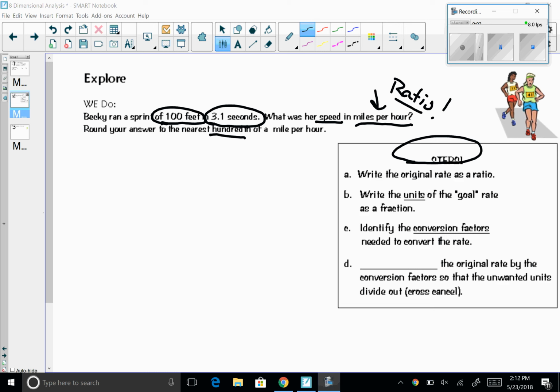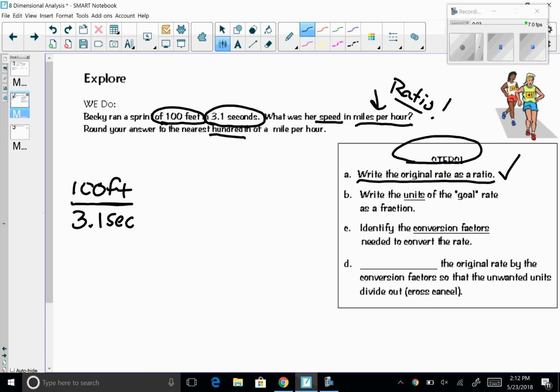I'm going to start with the ratio that I know. And I'm going to put 100 feet over 3.1 seconds. So I am writing the original rate as a ratio. Write the units in the goal rate as a fraction. So that means what we're looking to find, which in this case is miles per hour.